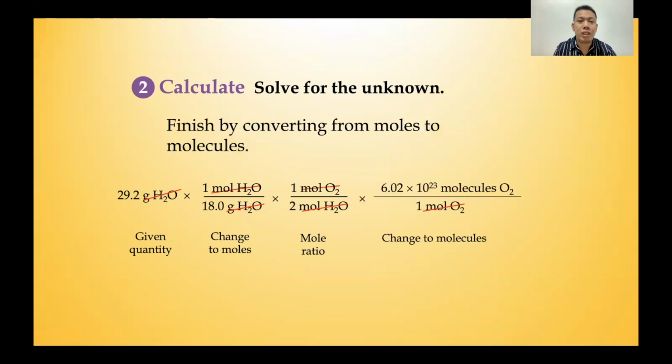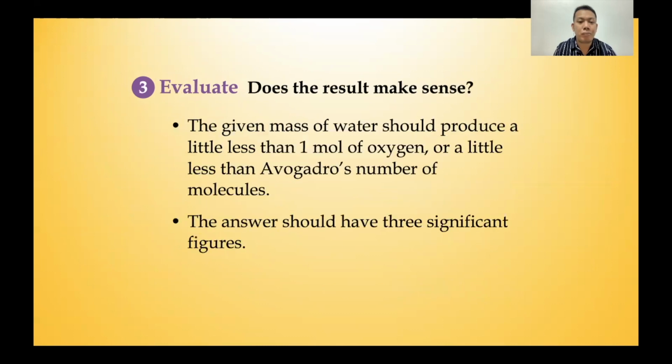And then since you are looking for molecules, multiply it by 6.02 times 10 to the 23rd molecules of oxygen. At the end, you get 4.88 times 10 to the 23rd molecules of oxygen. Just imagine, for 29.2 grams of water, there are 4.88 times 10 to the 23rd molecules of oxygen.